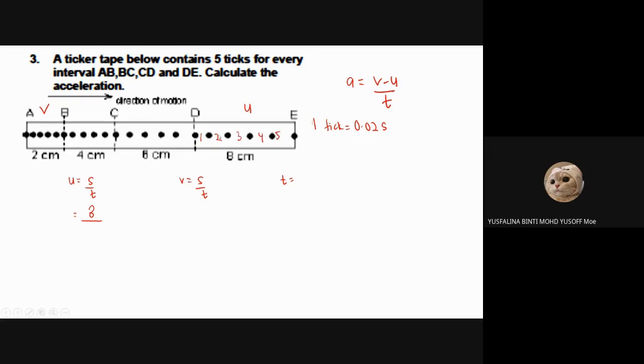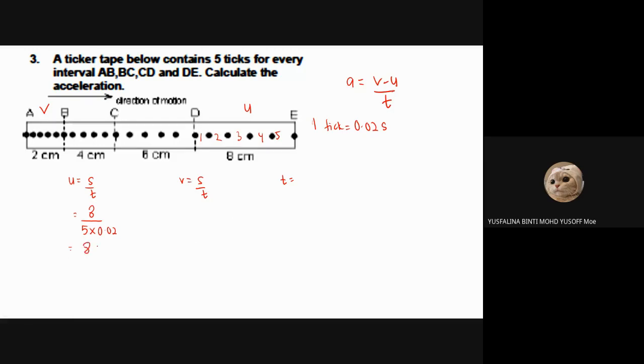So if you want to calculate the velocity, just count how many ticks. 5 times 0.02. So 8 divided by 0.1, you will get 80.